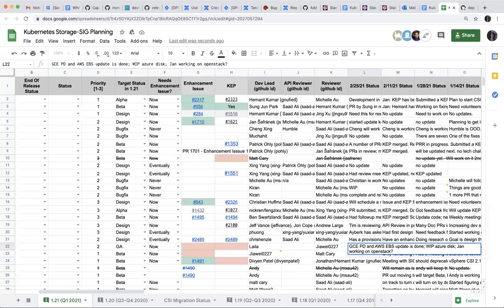It used to be the failure domain beta label, but now we're updating that to the GA label. So that's something we need to follow up on. And also on the Azure File, we also need to add another PR. Thanks.